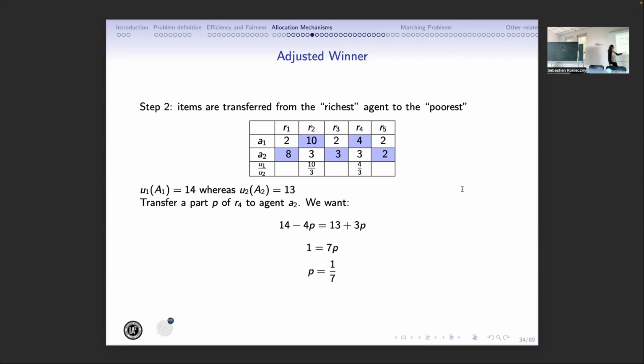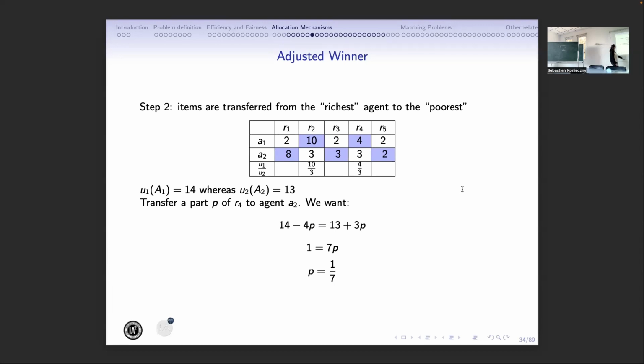We want the utility of both agents to be equal. So here we have 14, and we will remove a part of R4, which is valued 4. So we will remove P times 4, and we will add this part to the utility of the second agent.